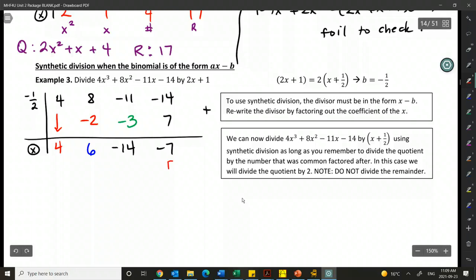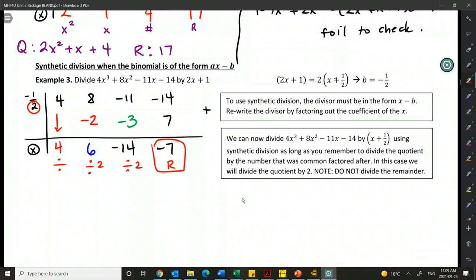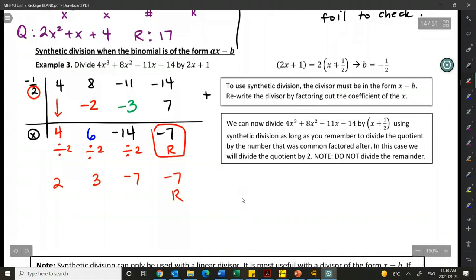So this is the remainder, that will stay the same. But every term here must be divided by whatever your denominator was here. So I need to actually divide every term here by 2 when I do division in this format where I have ax minus b. So I'm actually going to get 2, 3, and negative 7 with a remainder of negative 7. So that will be my remainder.